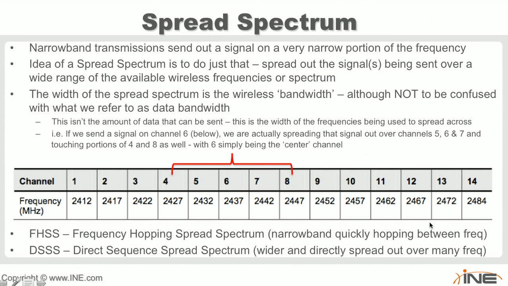But the idea is that if we're sending a signal out over this wider than just a single narrowband channel, 20 megahertz wide series of frequencies, we're sending the signal out kind of all at the same time over these, then we have the ability to send out more data. Okay, theoretically, that's what we can do.